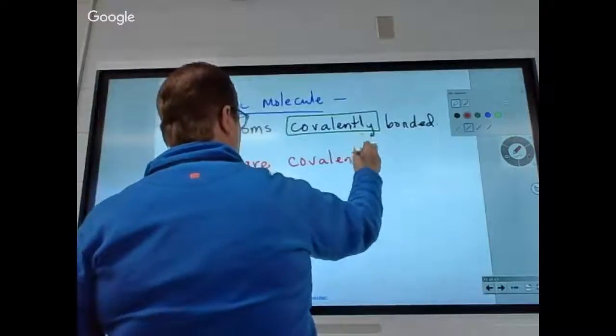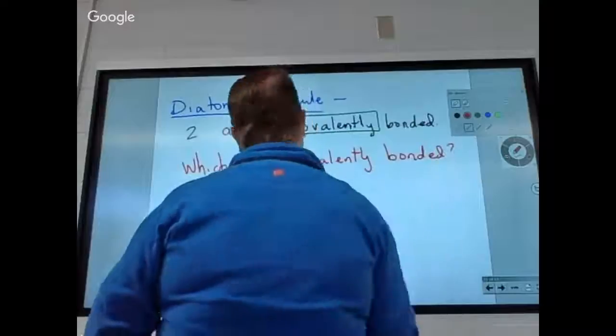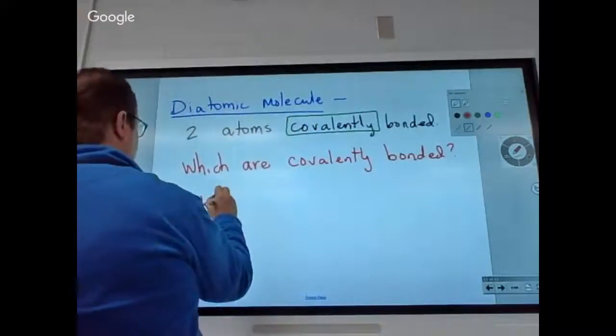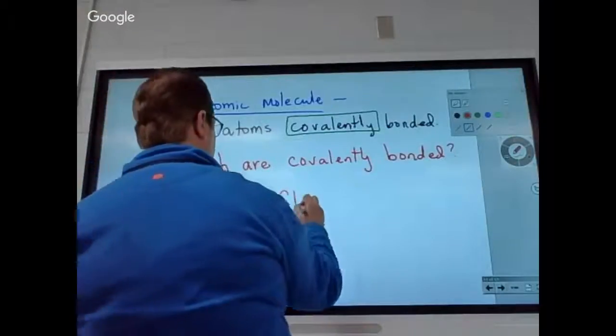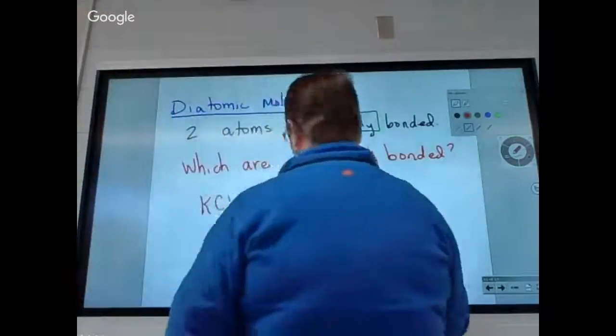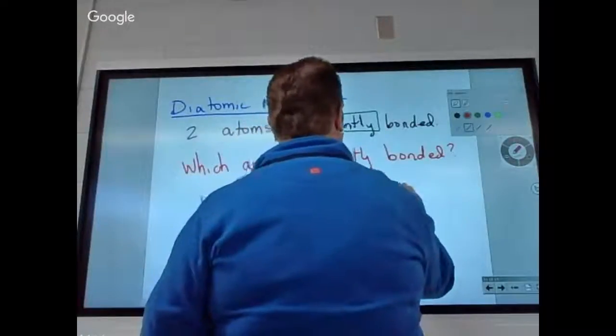So are you gonna use the same one from the one before this? Probably not, because I won't remember what I had on the board. Great, okay, so out of that list, the only one that would have been a diatomic molecule would have been CO. Yeah, probably. Because it has 2. Well, what about KI? KI is not a molecule.